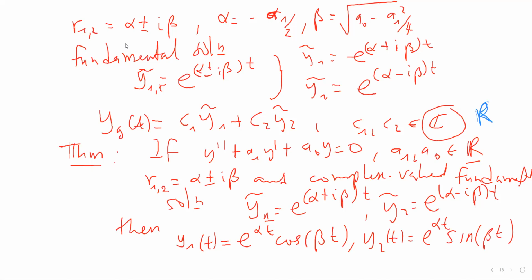In essence, in your y tilde, e^((alpha plus i beta)t), the i beta part you can write as cos because of the plus, and if it is minus, you can write it as a sine part. The proof for that is very, very straightforward as well.